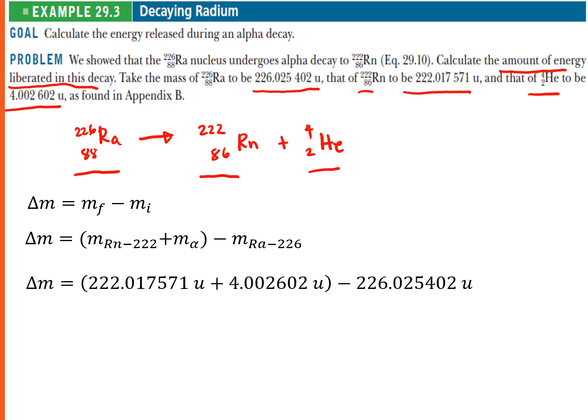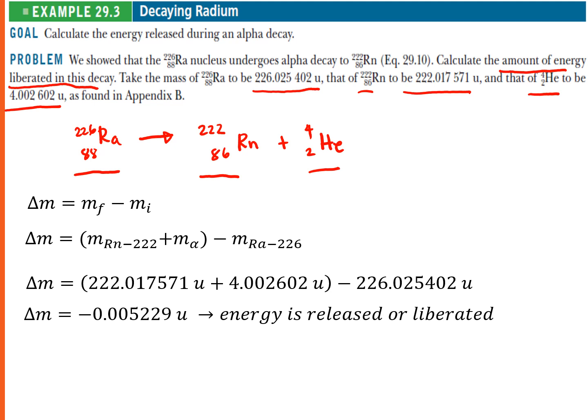We substitute the values given in the problem, and this would eventually give us negative 0.005229 unified mass unit, and the negative sign here indicates that the energy has been liberated if we are going to relate mass with energy. So since the change in mass is negative, therefore energy is released or liberated.